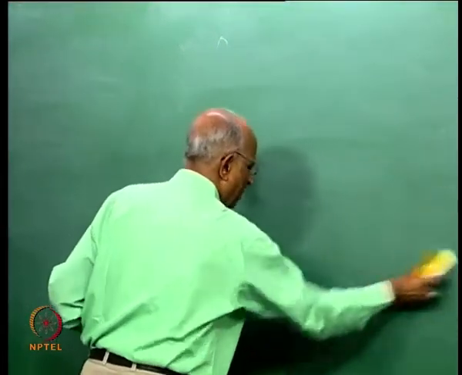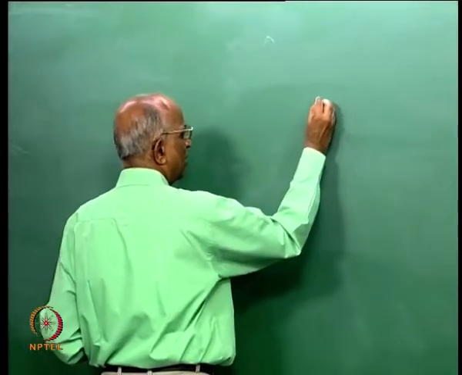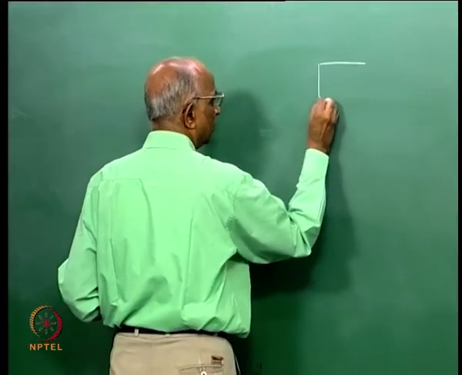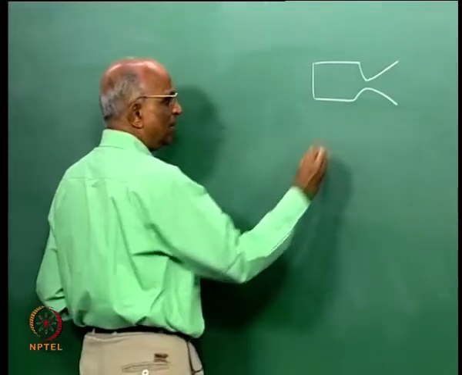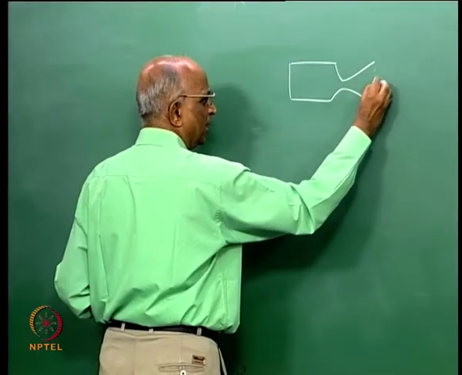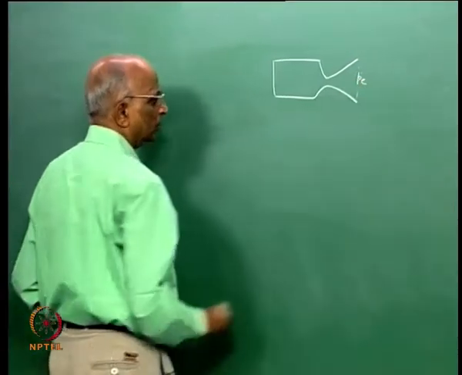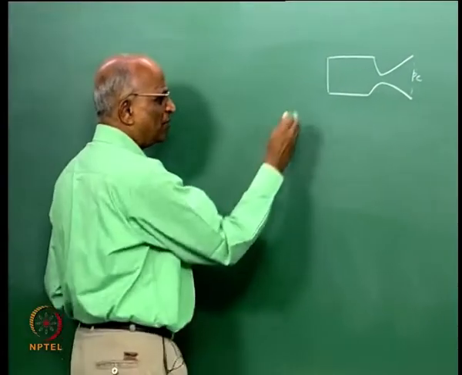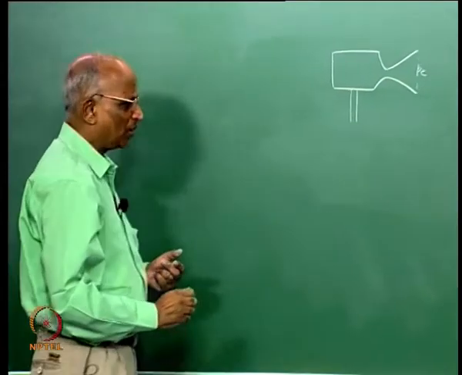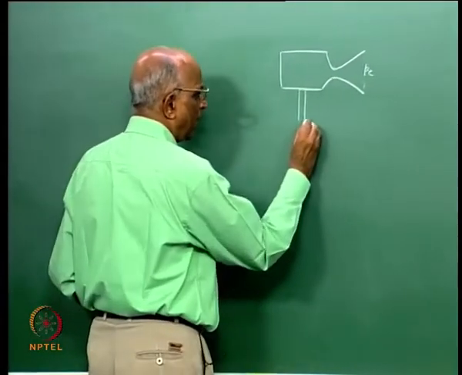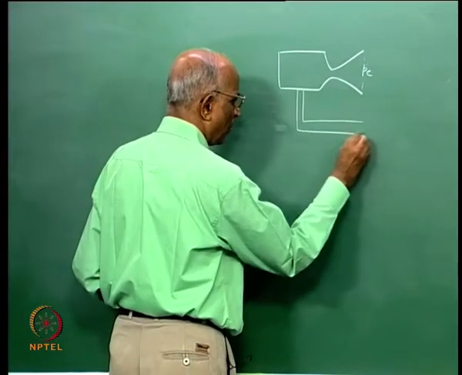We again start from basics. Let us imagine I have a rocket here, I have a nozzle here. Let the nozzle exit pressure be Pe. Now, I want to find out what force is generated. Therefore, I clamp the rocket on the ground and attach it to a fixture over here.